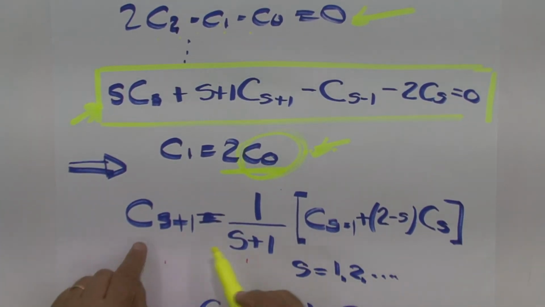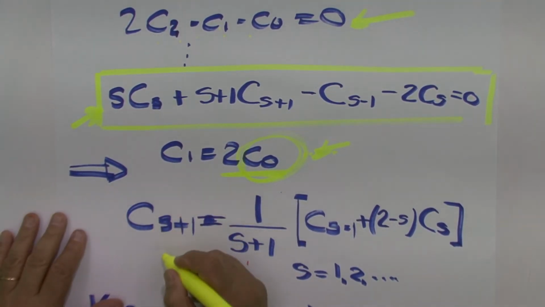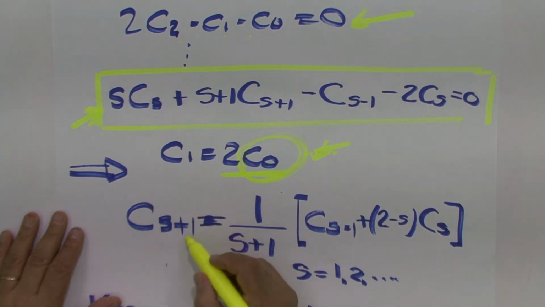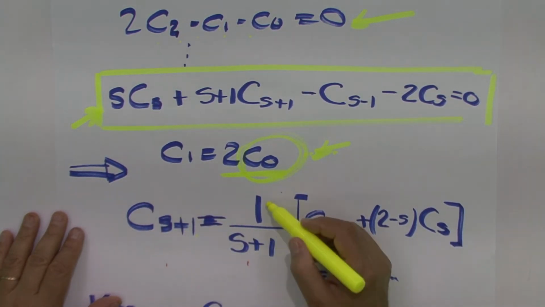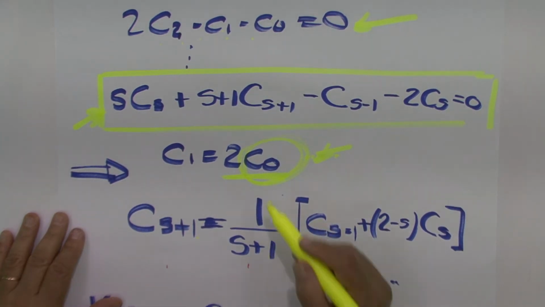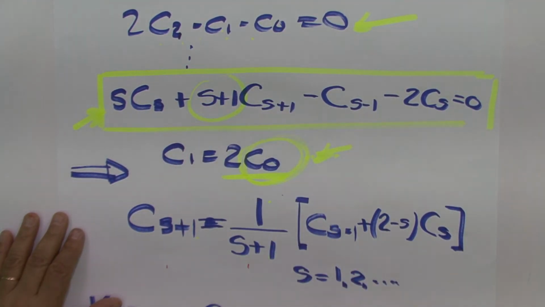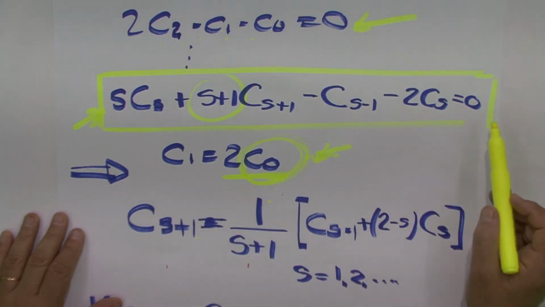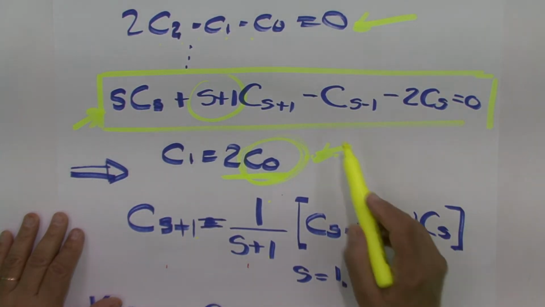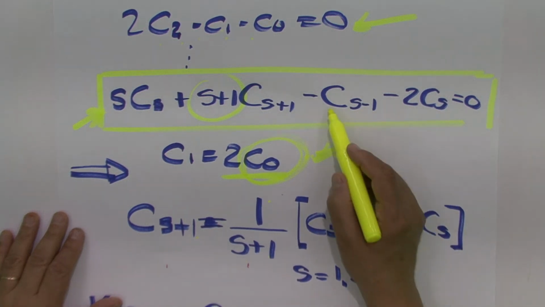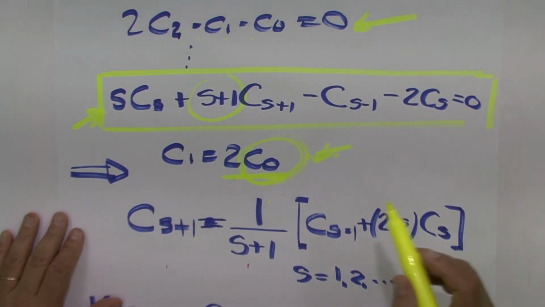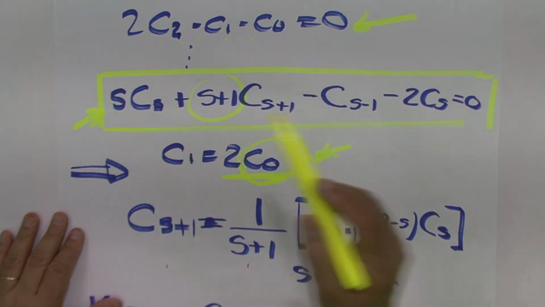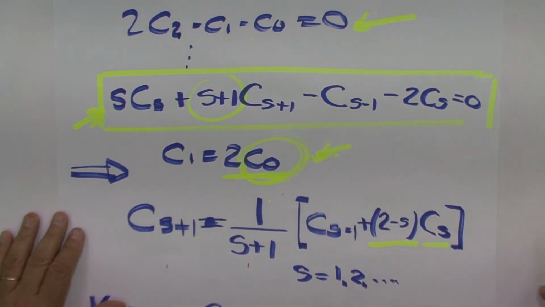And from that, I can obtain that the coefficient C subindex s plus 1 is equal to 1 divided by s plus 1, that comes from this term, times C s minus 1, that this term is going the other way, plus the 2 minus s that goes to the other way times C s.